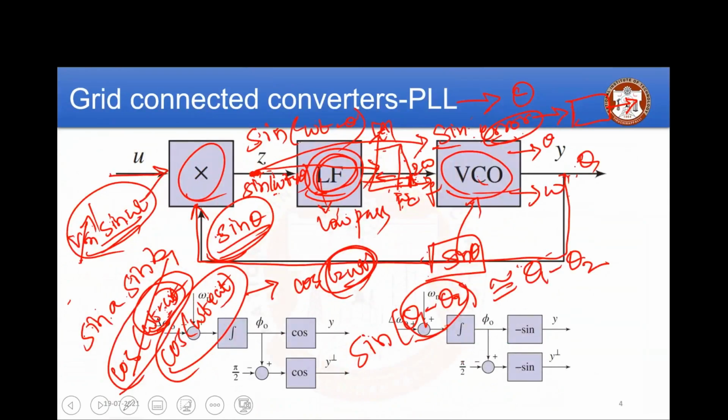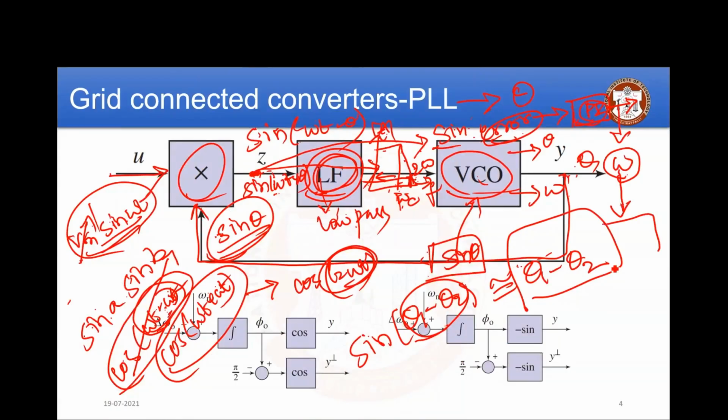This error I'll send through some PI controller. So this is some constant at a moment. What will I get after the PI controller? I'll get some constant that you consider as omega. That is not theta. Why? Because you're getting some constant here. Now you have to integrate this like this, as you can see.